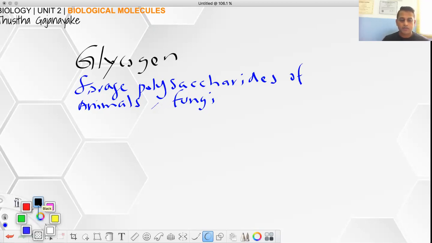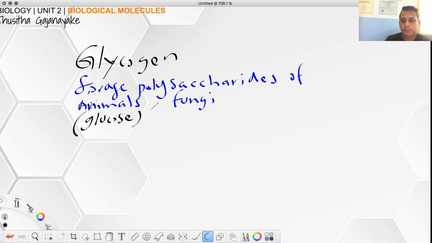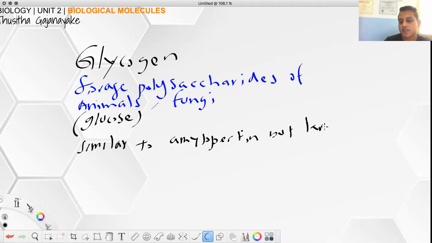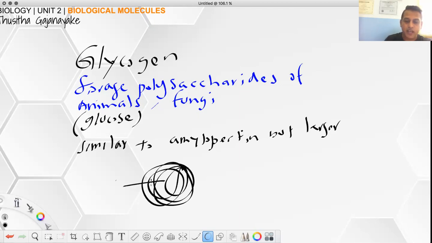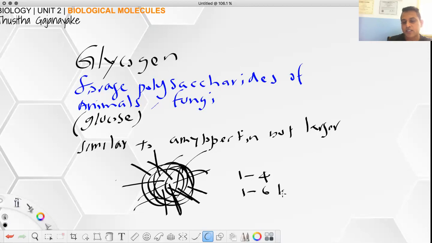It is made out of, again, glucose. It is similar to amylopectin, but larger. If you remember, the amylopectin molecule has a lot of branches. The molecule is like this, so it has 1,4 bonds and 1,6 branches.